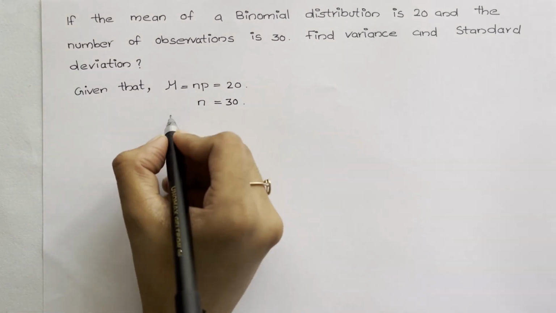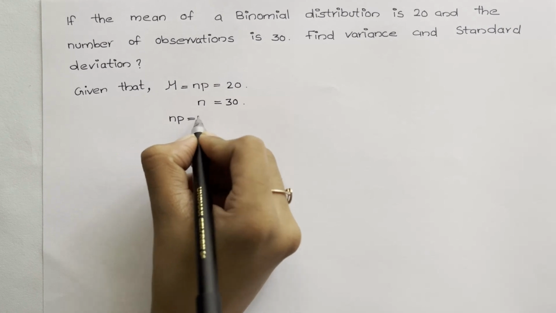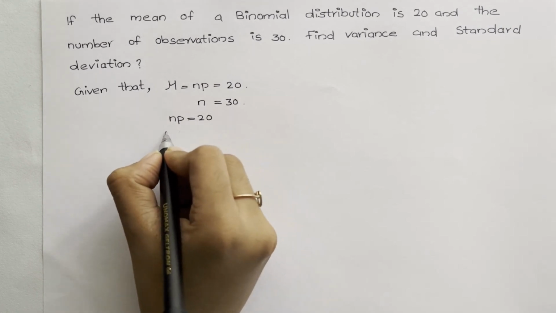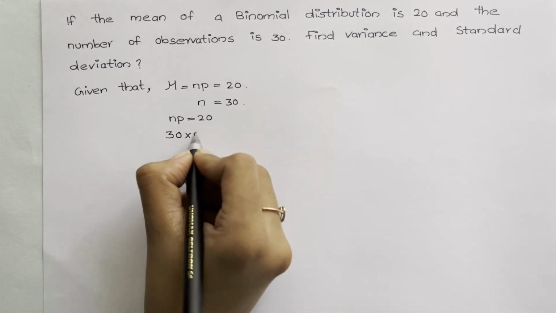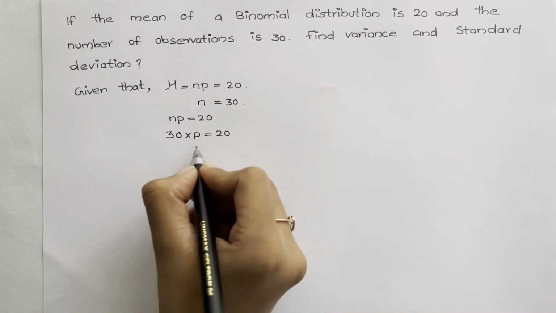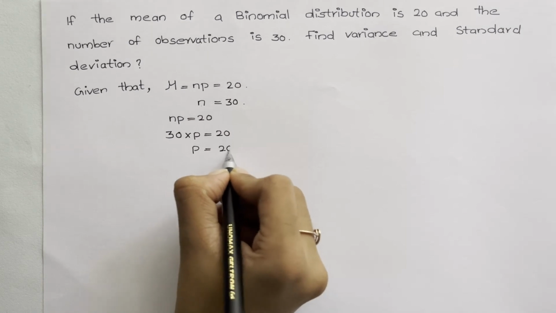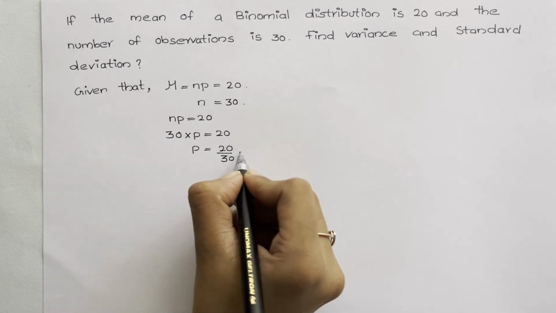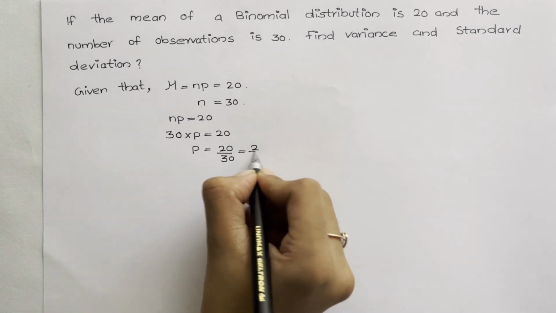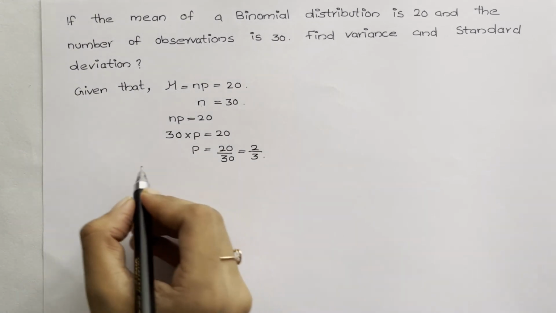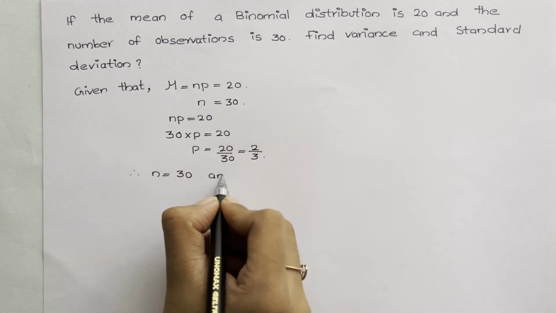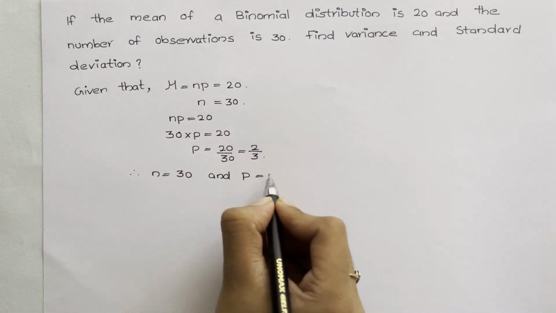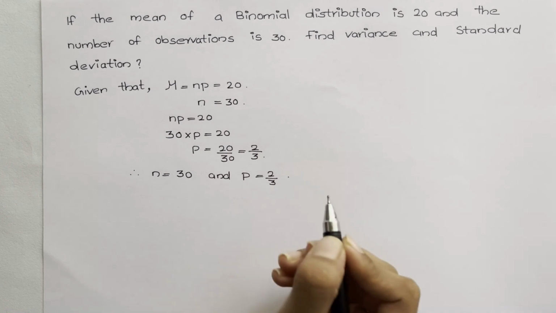Thus, np equal to 20, given that n equal to 30. Therefore, 30 into p equal to 20, p equal to 20 by 30 equal to 2 by 3. Therefore, we get n equal to 30 and p equal to 2 by 3.